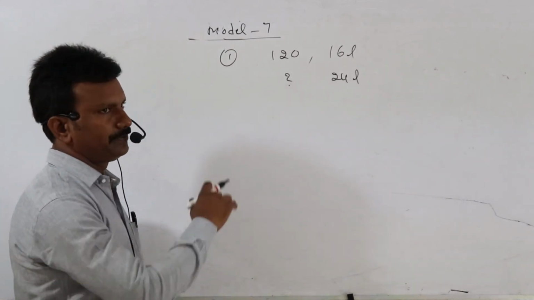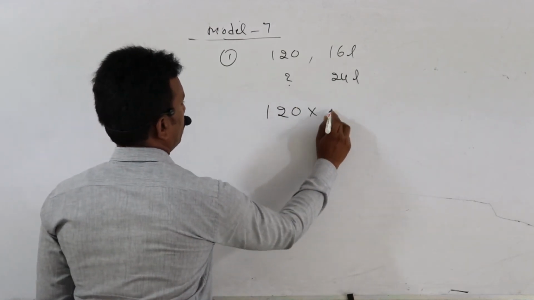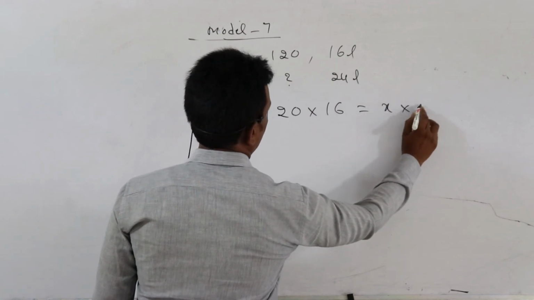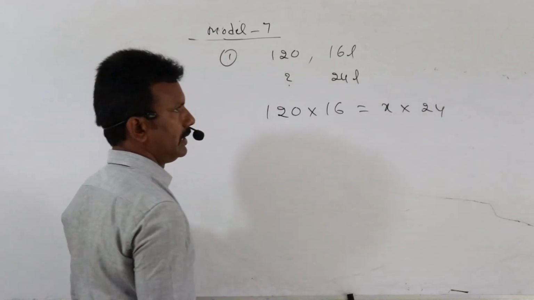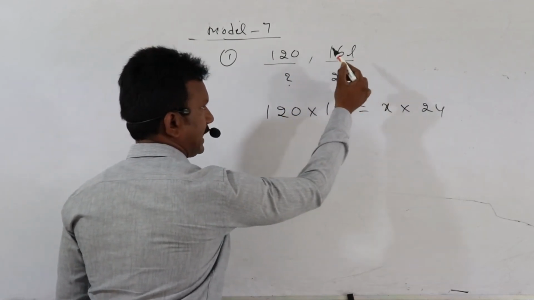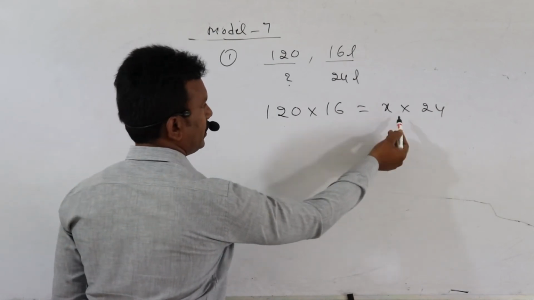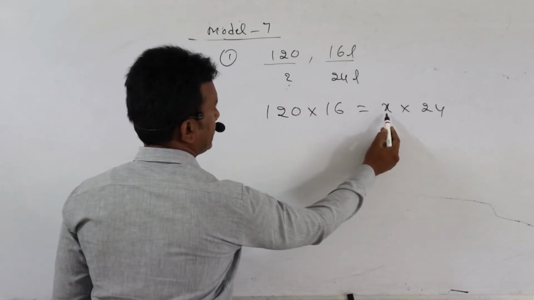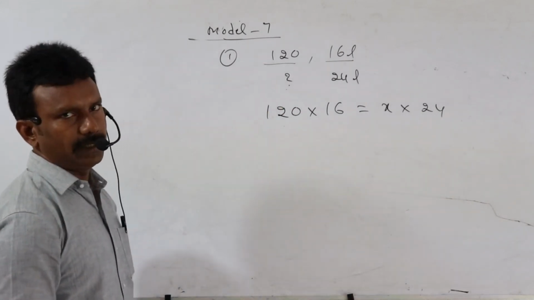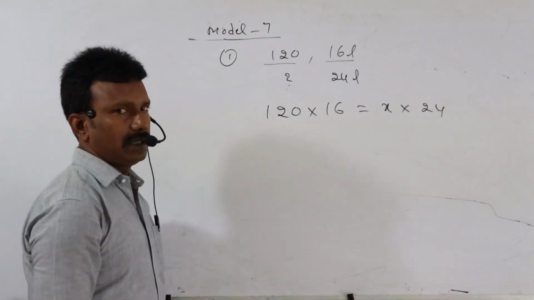In the same way, with a 24-liter bucket, how many times must it be used to fill the tank? So clearly here we write 120 into 16 is equal to x turns into 24. 120 times 16 liters capacity is proportional to x times 24 liters capacity of bucket. Here we are following the proportionality condition.